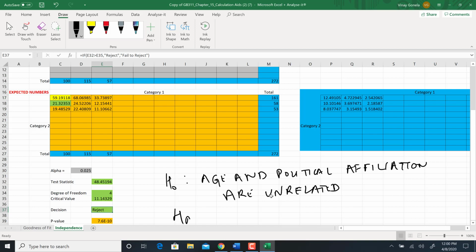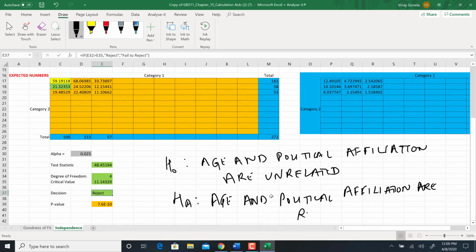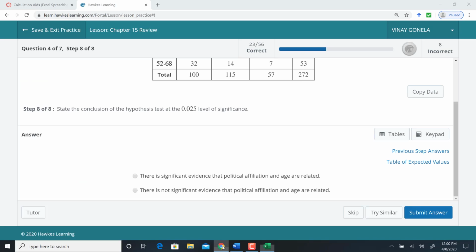And the alternative is that age and political affiliation are related. I'm rejecting the null, so the alternative is true, so they are related. There is significant evidence that political affiliation and age are related.